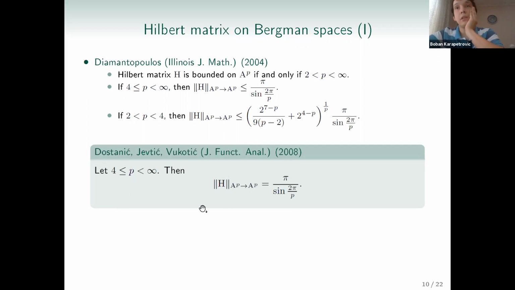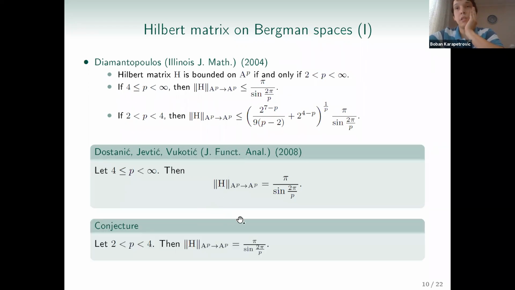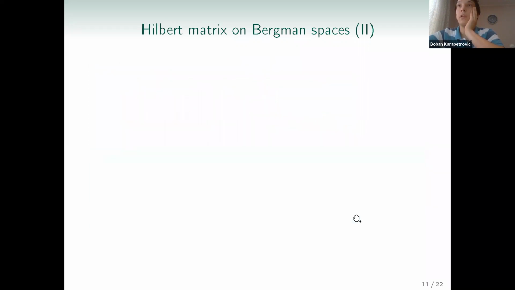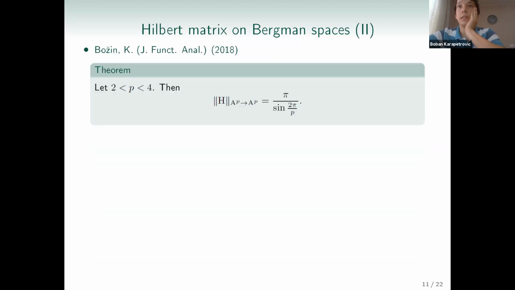After that, we have the conjecture that this quantity is also the norm in the remaining interval, when P is strictly between 2 and 4. And recently, we proved that conjecture. So in the remaining case, when P is between 2 and 4, this is again the norm of the Hilbert matrix on the Bergman space AP.